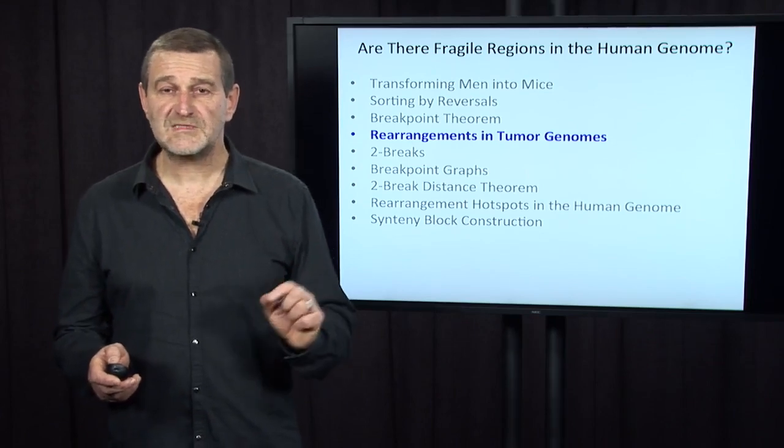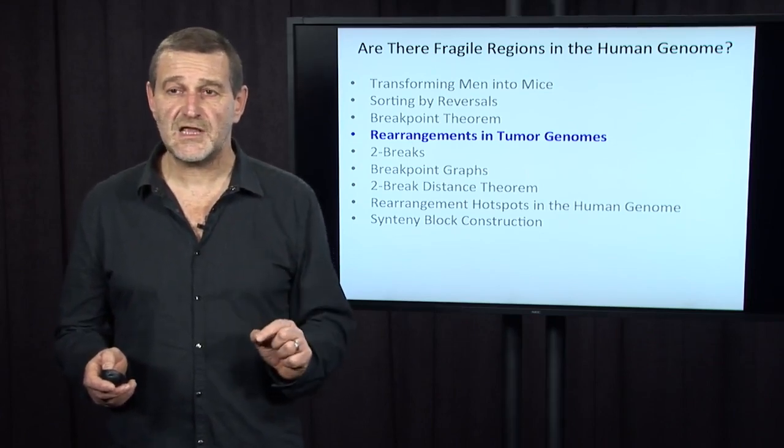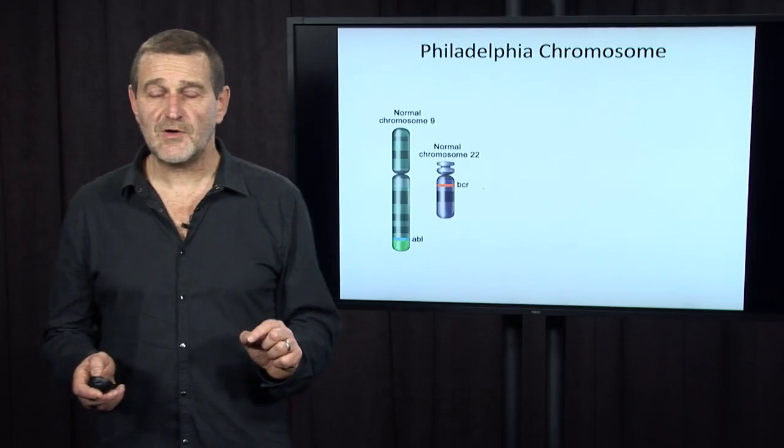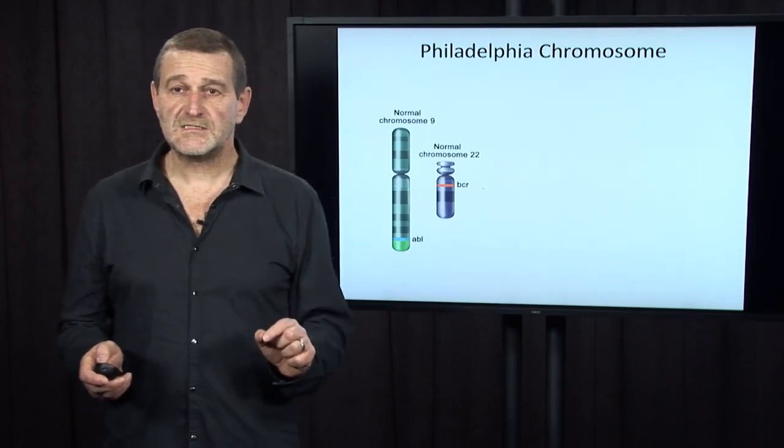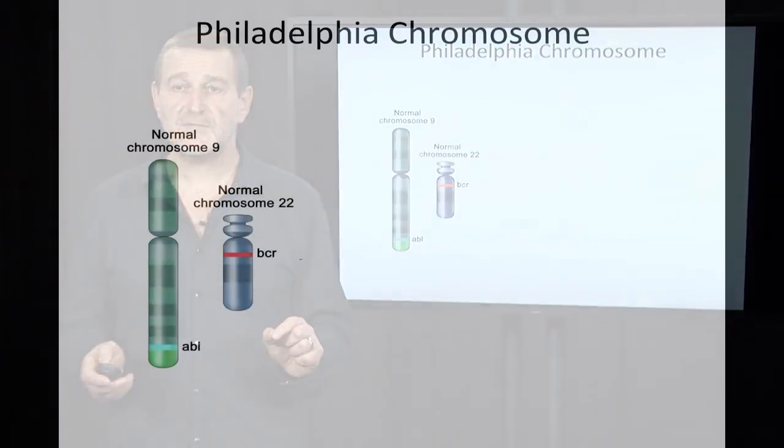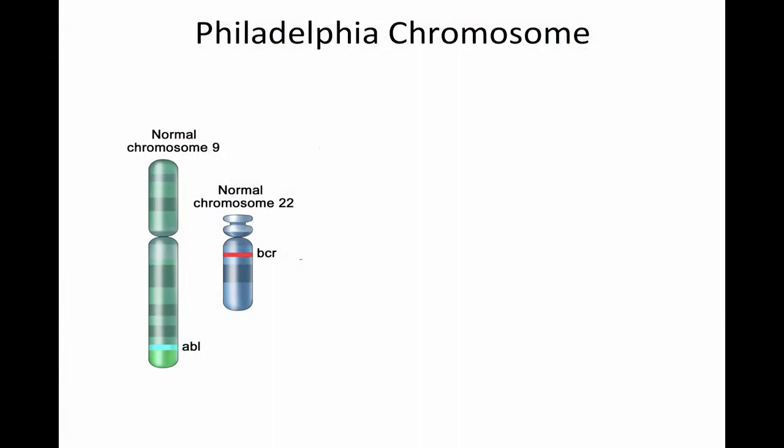We'll start from an example of rearrangements in tumor genomes, and we'll talk about the Philadelphia chromosome. So these are normal chromosomes 9 and 22 in human, and they have genes called ABL and BCR located on these chromosomes.